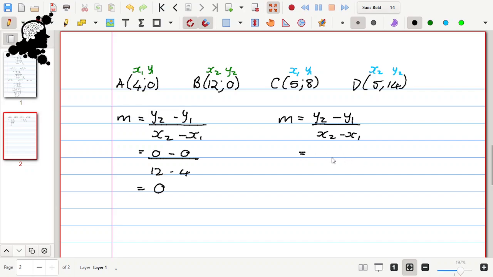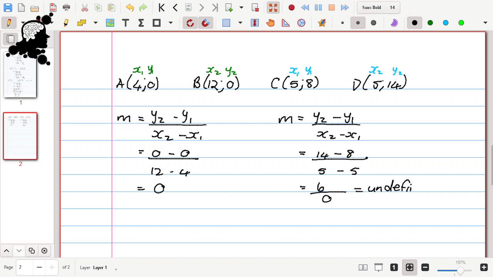This will give us, for y2 we've got 14, minus y1, which is 8, divided by x2 which is 5, minus x1, which is 5. That is going to give us 6 over 0. We've got a little bit of a problem here. This is going to give us undefined.